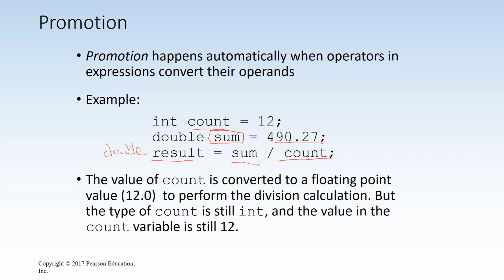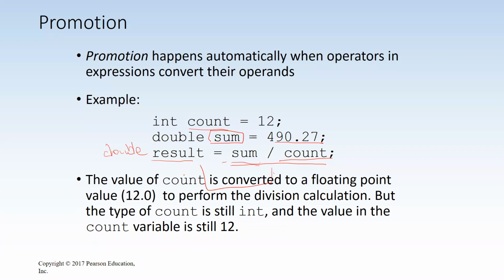When one of them is a double, what's the result of this division? Double. Yes, just remember you have to have both as int to have an int result. Okay, if one of them is a double, then it's a double.